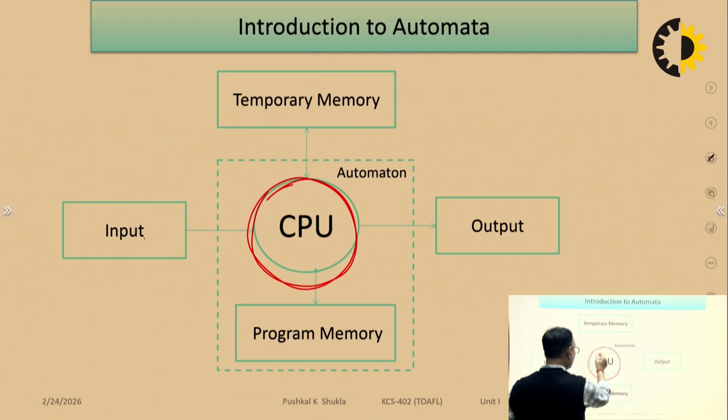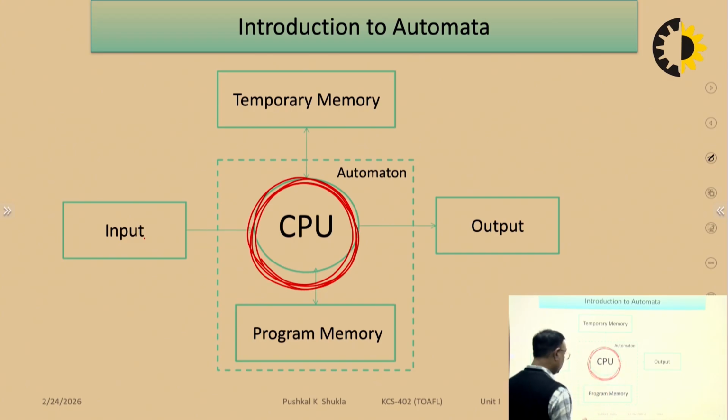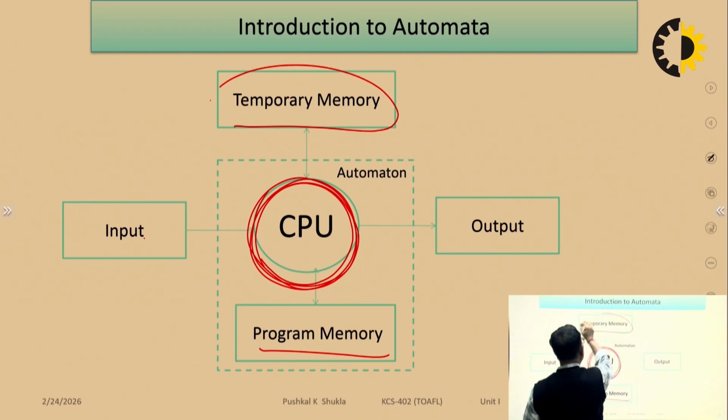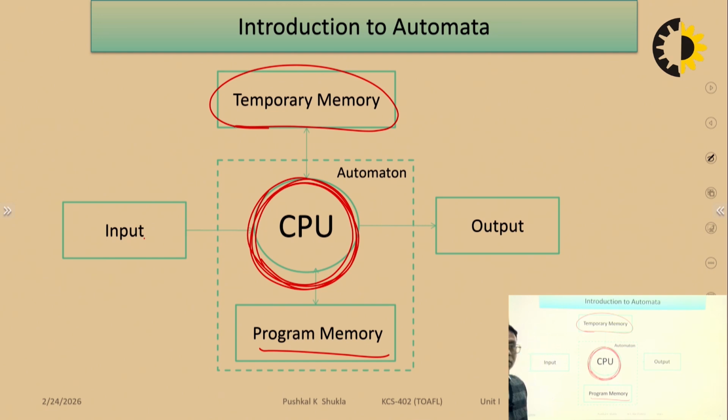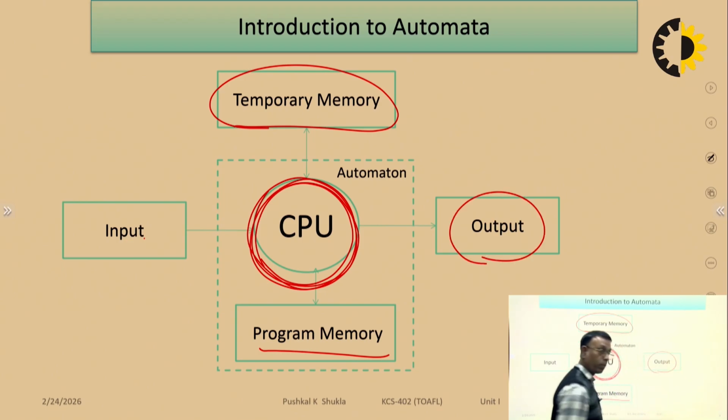Input is coming to this processing unit, that is the CPU. There is a program memory where instructions are written, and there is a temporary memory where calculations are performed, and then output will be shown.